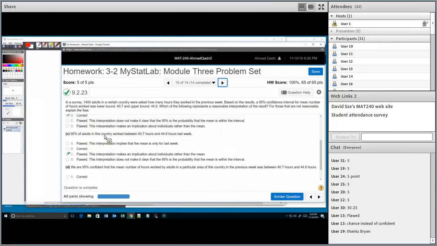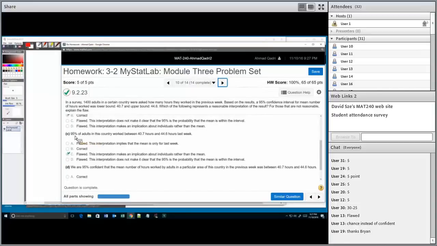95% of adults in this country worked between this and this many hours last week. Wrong. Here you're associating a proportion. You're using 95% almost like a proportion of adults. So you're implying that this 95%, which is actually the confidence level, is associated with the number of individuals.